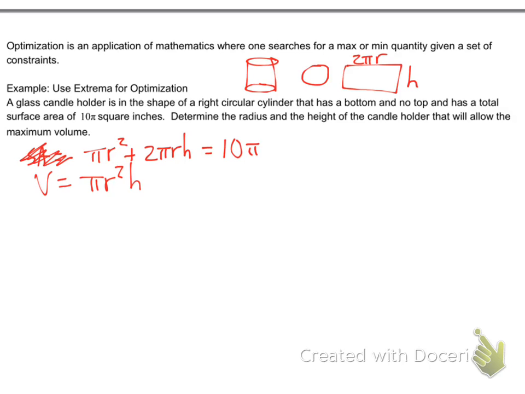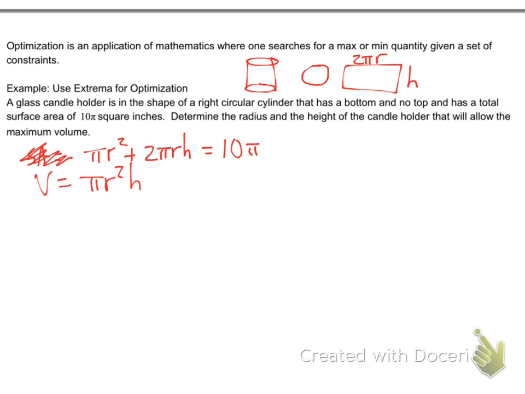I have an r squared and an h. I also have another equation with an r and an h in it. Can I solve for r or h in that top equation and sub it into the bottom? Yes. And when I do that, will I get rid of one of the variables? Yes.